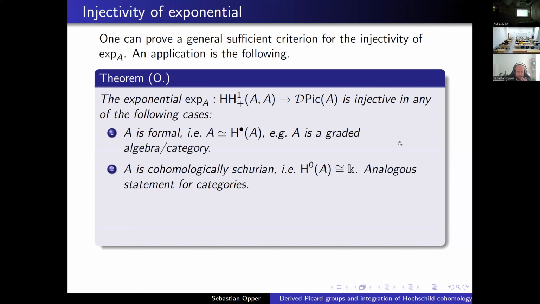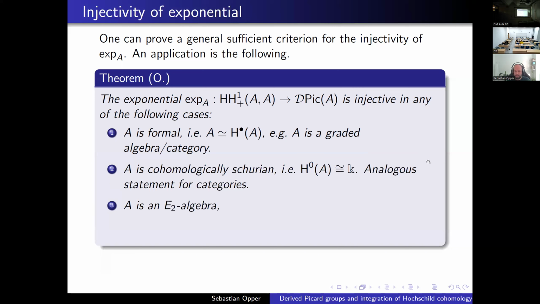Another example is when A is cohomologically Schurian, that means in degree 0 it's just K. There's an analogous thing for categories where each of the objects has endomorphism ring in degree 0 isomorphic to K, but in the rest of the degrees you don't care. For example, if you take the collection of simples associated to the algebra, they have this property. So this would be a standard example of these kinds of categories.